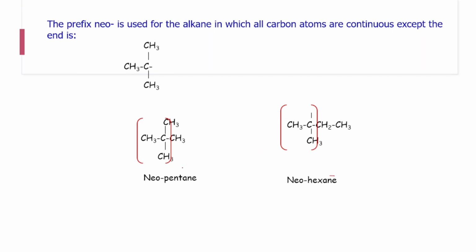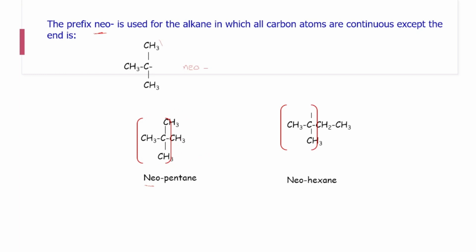Okay, let's go to another type of common names. We have here neo. What is neo representing? Neo is representing when I have 2 methyl groups at carbon number 2. So in this case I use the prefix neo. Okay, let's have examples.